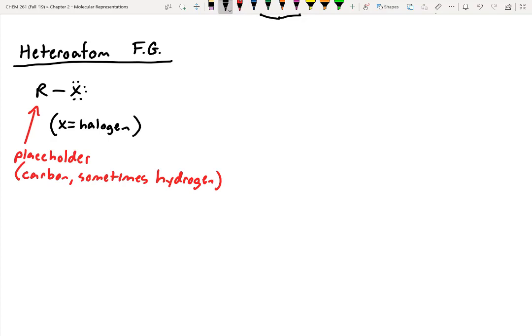All right, this functional group, anytime we've got a carbon atom bonded to a halogen, is referred to as an alkyl halide. If you remember, I was saying that alk stands for what? A hydrocarbon, right? So it's basically saying a hydrocarbon bonded to a halogen. So it could be an alkyl fluoride, an alkyl chloride, an alkyl bromide.